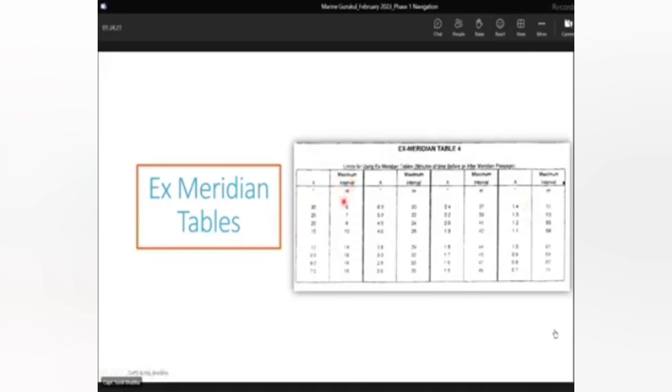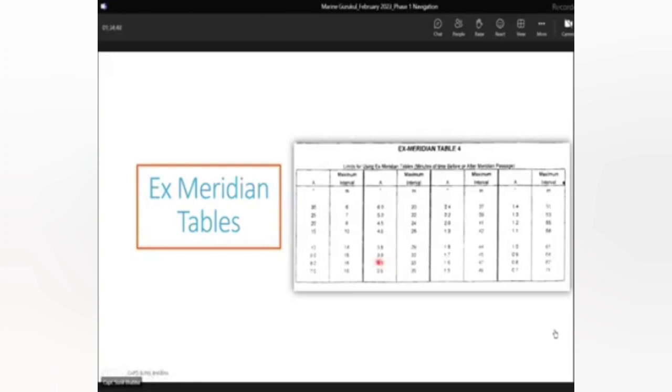So let's try to find out the limit for our example. We had the factor A as 2.96. You see it starts with 30, 15, 10, 7, then in the next column 6, 5, 4, 3.5, 3, 2.8. The value nearest to our value of 2.96 is 3.0.